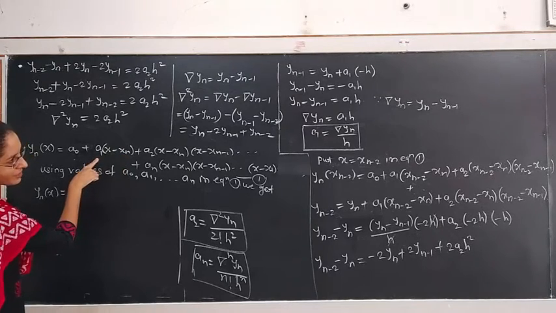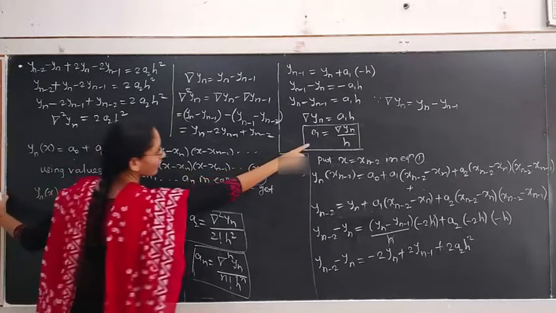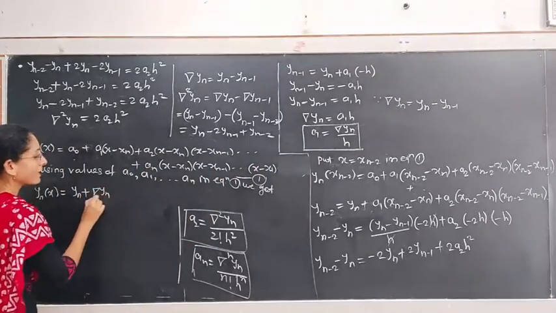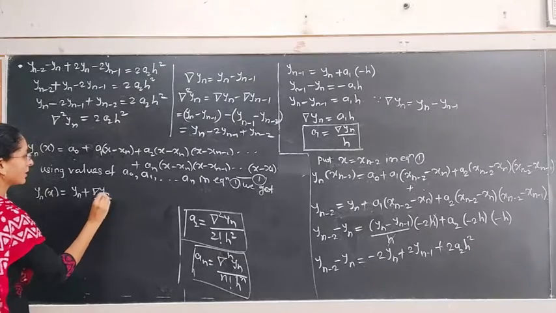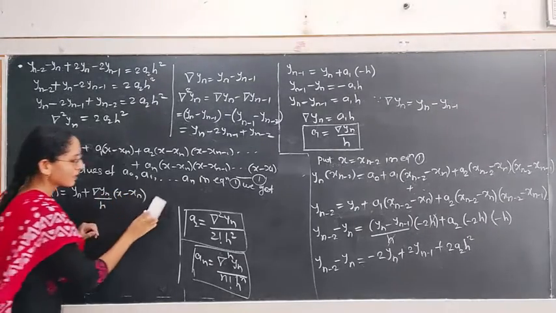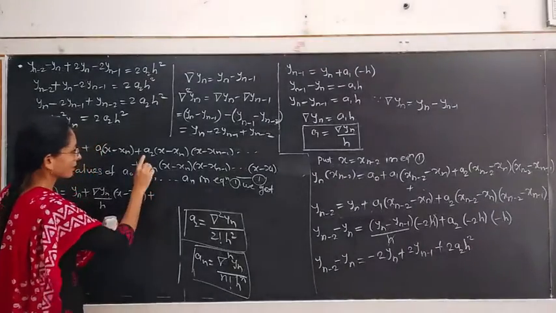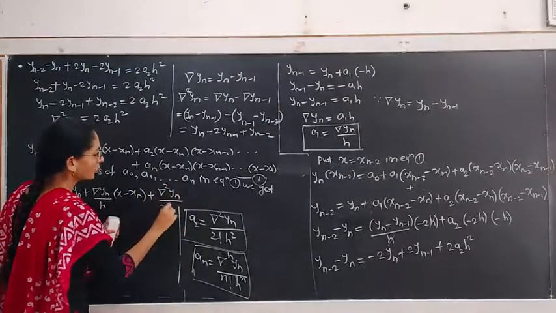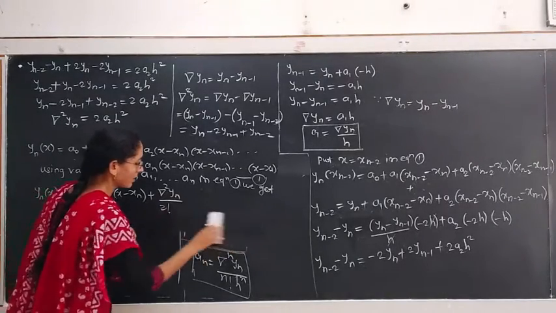The value of a1 is del y_n upon h. This is the value of a1 plus del y_n upon h into x minus x_n, plus the value of a2 is del square y_n upon 2 factorial into h square.